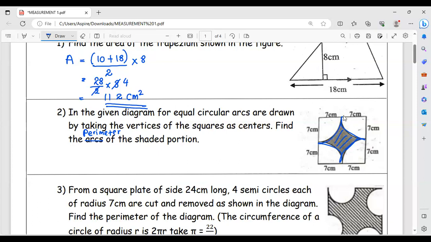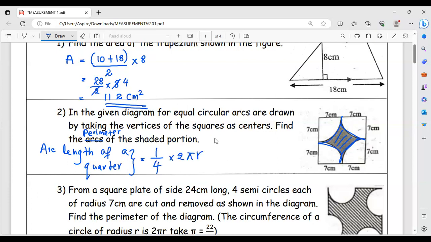Okay. One arc is relevant to a quarter of a circle, so we can find the arc length. Arc length of a quarter can be obtained as 1/4 times 2πr.